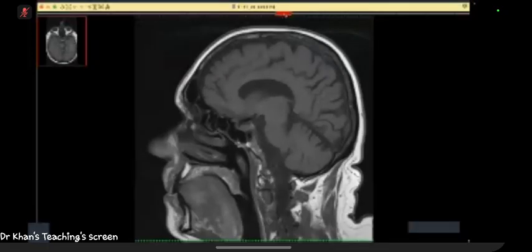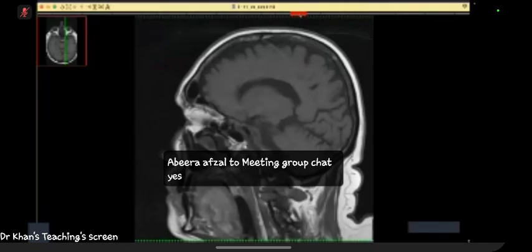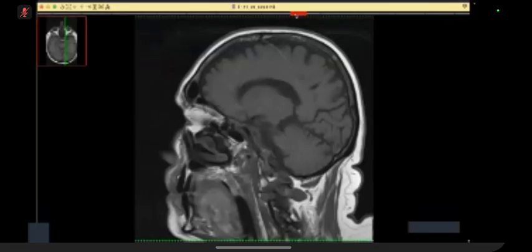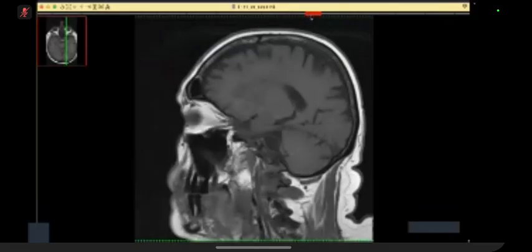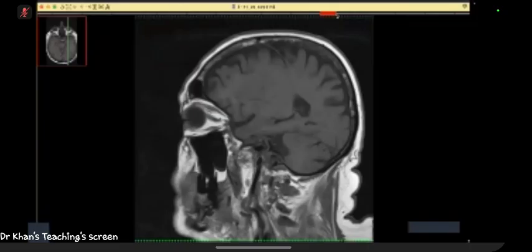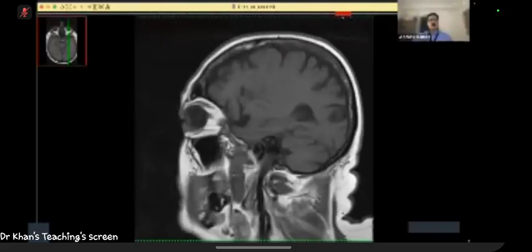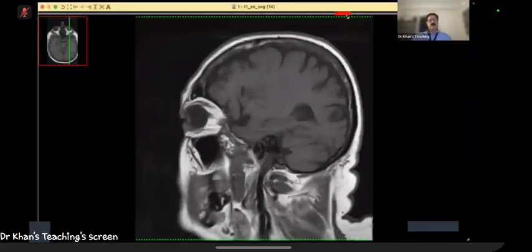The brainstem, I'm not able to scroll right now. Hint: I showed you all the sequences for the simple reason that the parenchyma, except for the age-related changes or ischemic changes which you picked up, has got nothing else. So the hint is I'm not worried about the parenchyma.